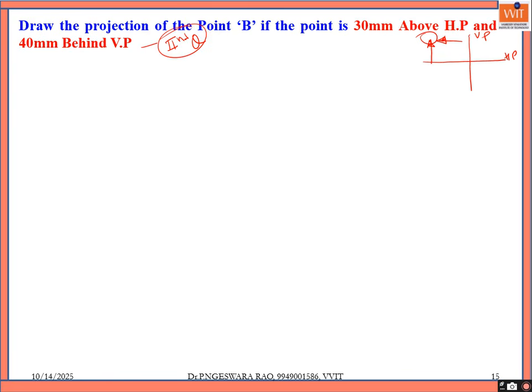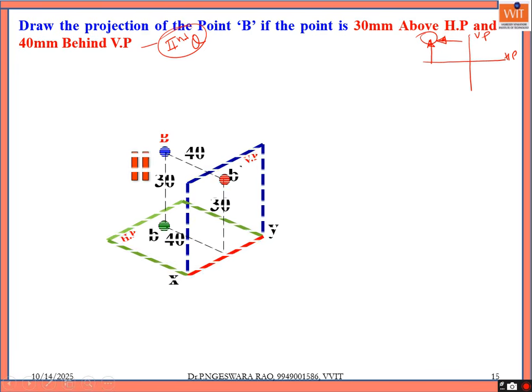Now how to draw the solution for this case? As usual, the observer will always be on this side only. Because it is a transparent plane, even when the object is in the second quadrant, the observer will be here.